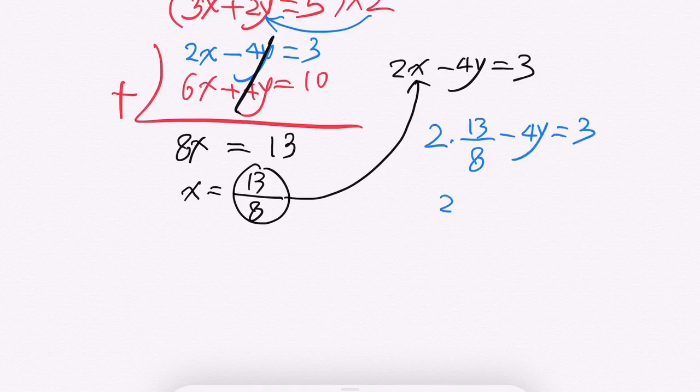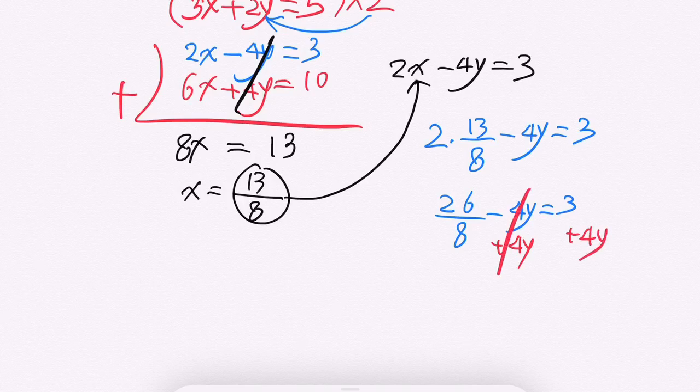So 26 over 8 minus 4y is equal to 3. And then I'm going to add 4y to both sides. That'll be good. And then that cancels out, 13 over 4, I think, is equal to 3 plus 4y. And then I subtract 3 from both sides.